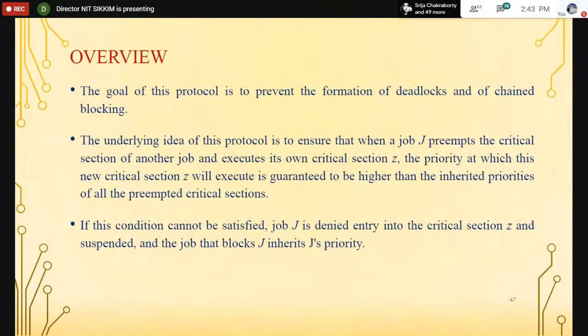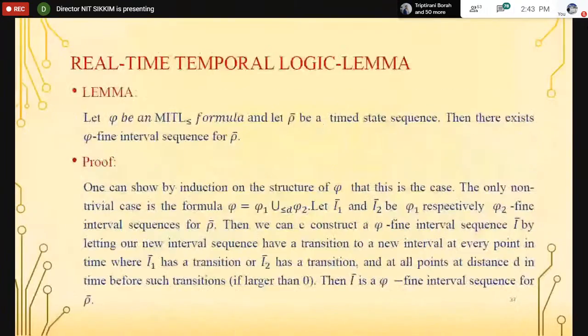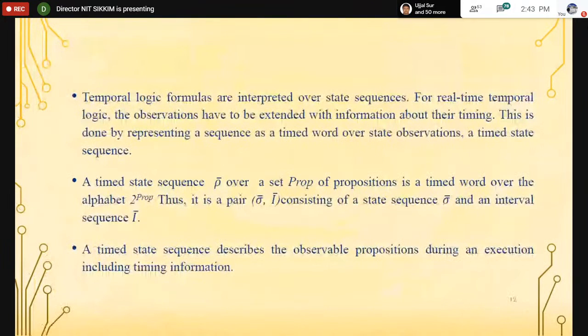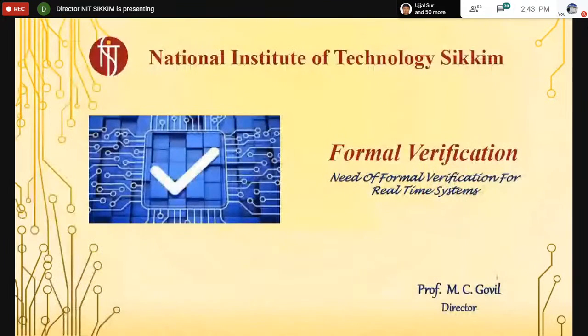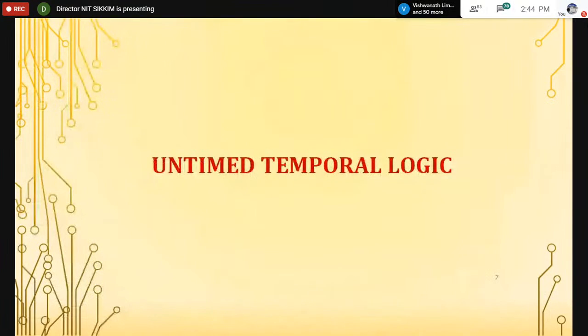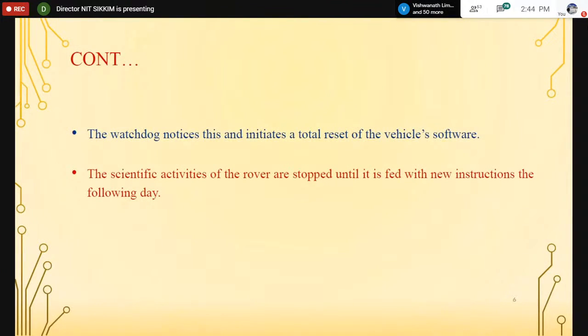Now it says the goal of the protocol is to prevent the formation of deadlock and chained blocking. Deadlock everybody knows. Because I have not given you the background here, let's go to the first slide. I can show you. I said there is a priority inversion, and we were talking about the Pathfinder mission 1997, which was stopped because of the priority inversion problem.